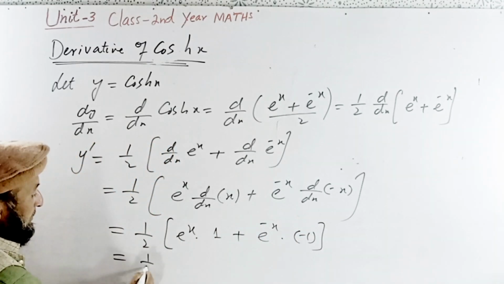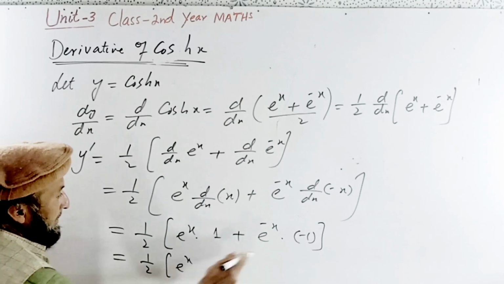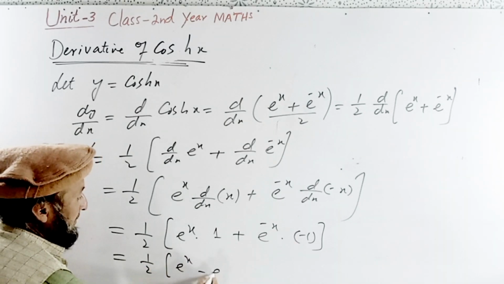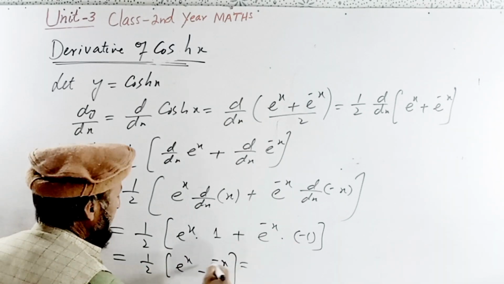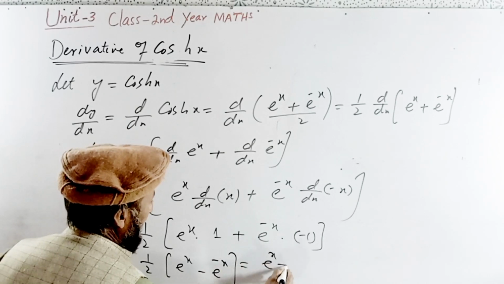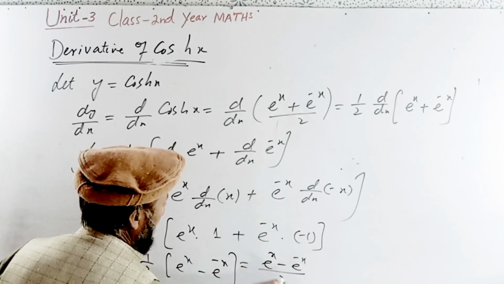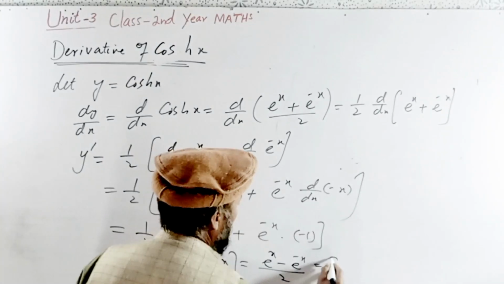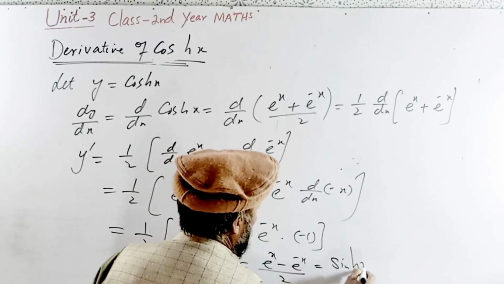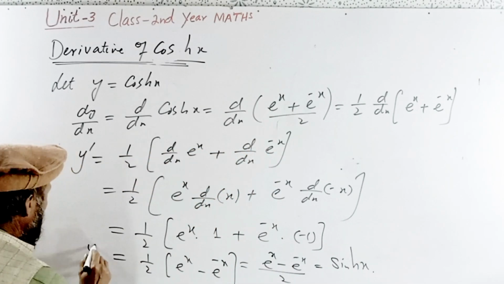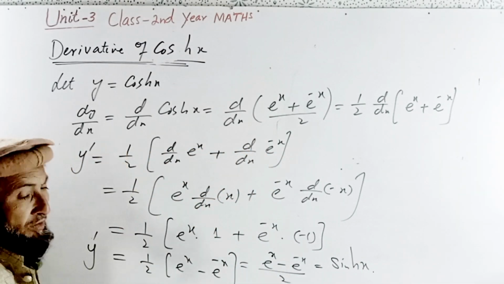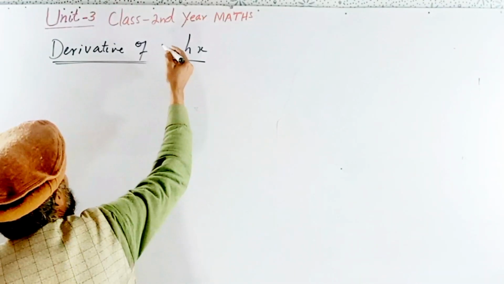So 1 over 2 of e power x minus e power minus x, divided by 2, that is the value of sine hyperbolic x. That is the derivative of cos hyperbolic x.